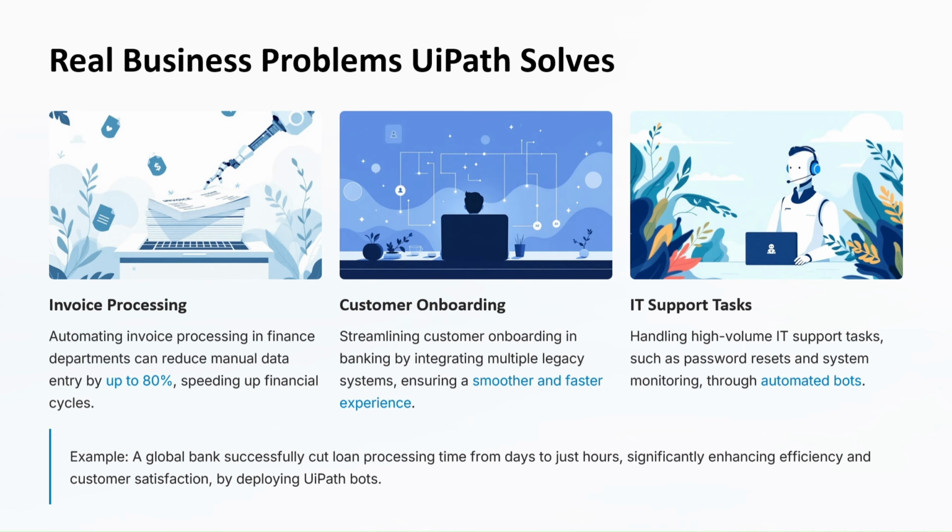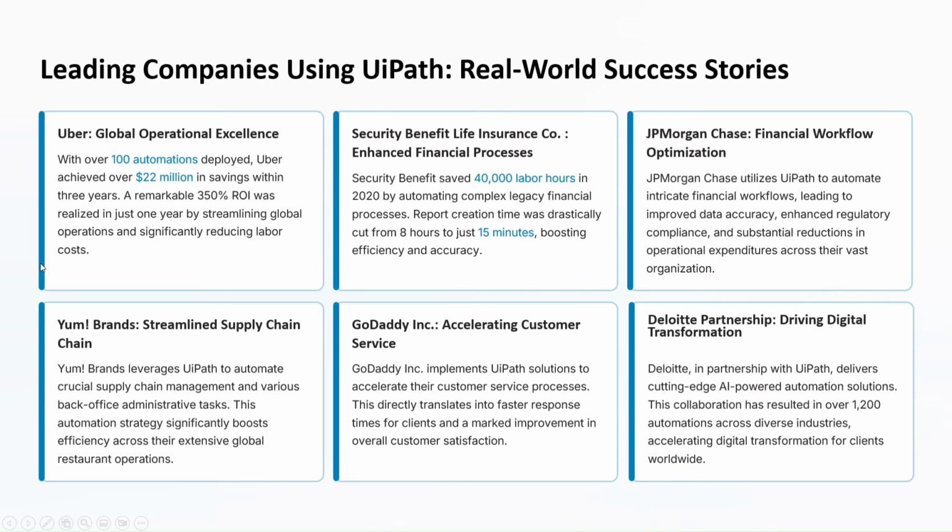And in IT support, bots can handle high-volume tasks like password resets automatically. A more concrete example is one global bank that reduced loan processing time from days to just hours by using UiPath bots.